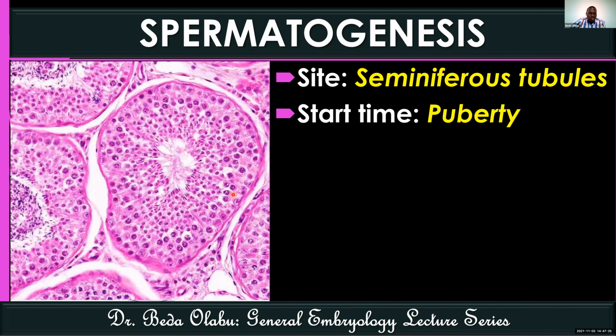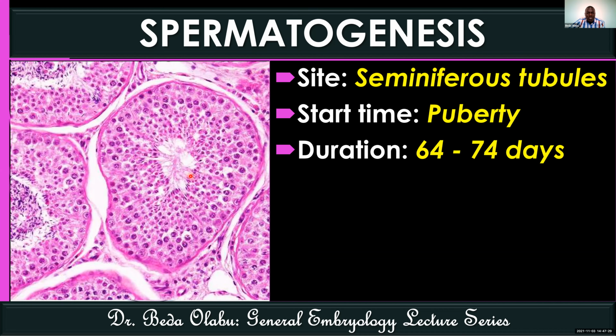The sperms begin to be formed. It takes about 2 months to form a single sperm. Now, I know that might sound a bit off, especially if you have some other things in mind. You'll feel like it takes 2 seconds only, or at least less than a second, less than a minute, but it takes about 2 months to form a single sperm.